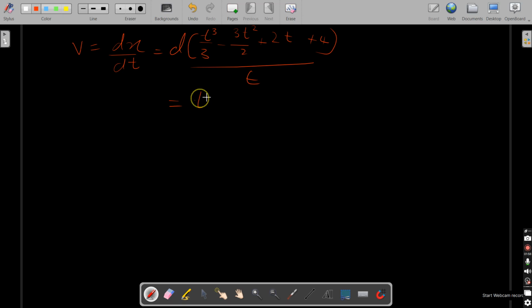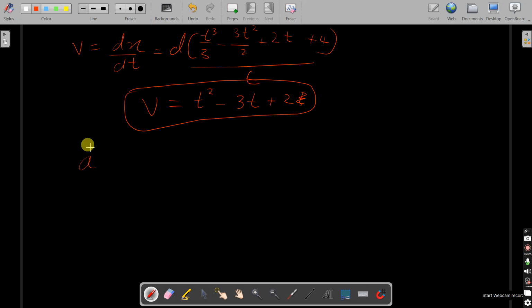This becomes t square, minus, 6 here, so 2 gets cancelled with 6, this one 3t, plus 2. So t square minus 3t plus 2. This is our velocity.